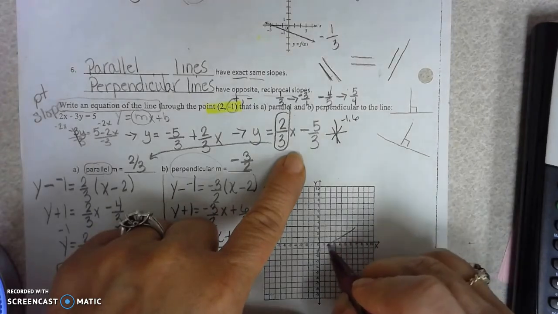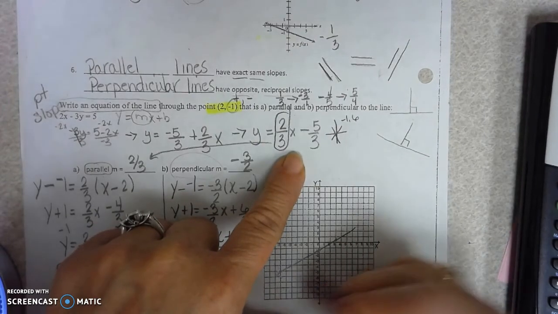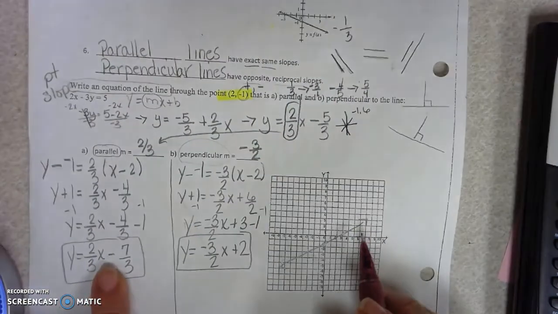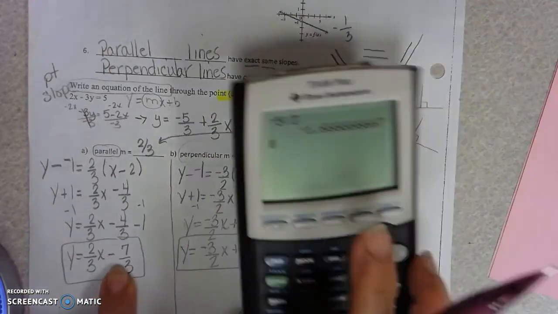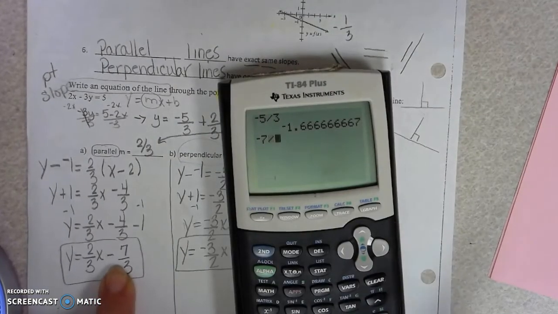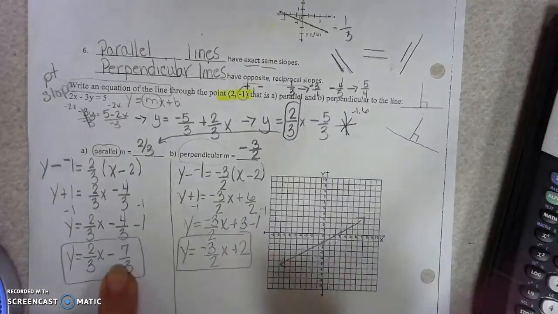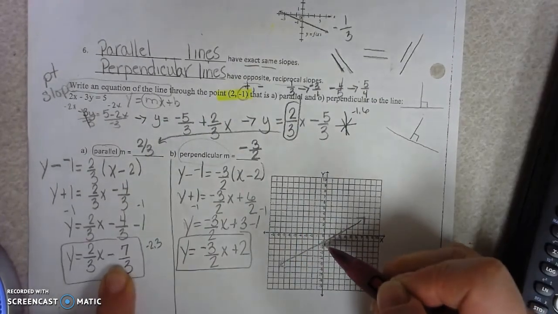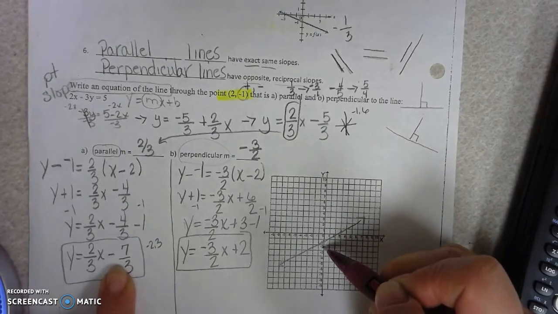Okay, so here's my original line that I'm given. My parallel line, we go to negative 7/3, which is negative 2.3. So negative 2.3 is right there.